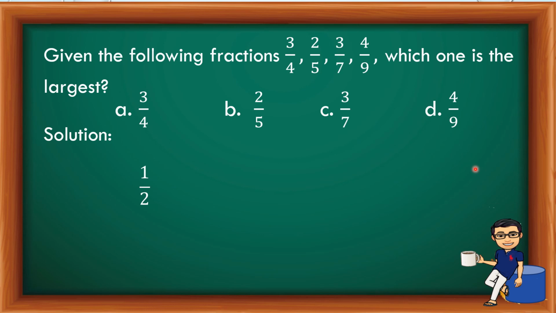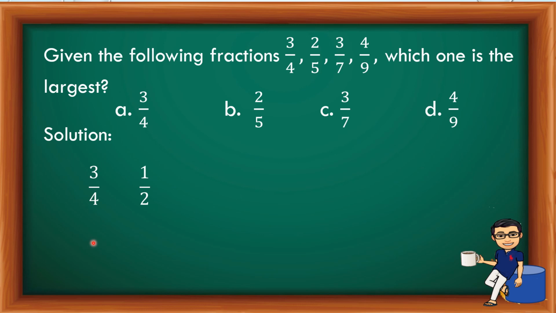Then, from the result, once we compare all of the choices, we can draw our conclusion on which fraction is the largest. So let us try to see. Compare 3/4 and 1/2.